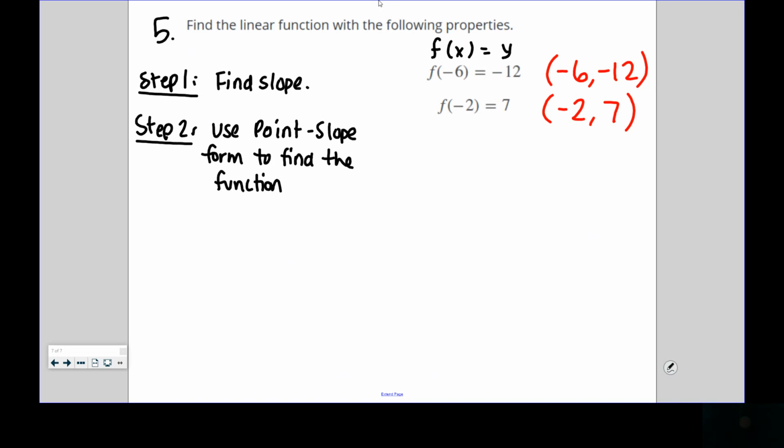So step 1 is to find the slope. You want to be careful here because if your slope is wrong, your whole answer is going to be wrong. So find the slope carefully, and then use point slope form to find the function.